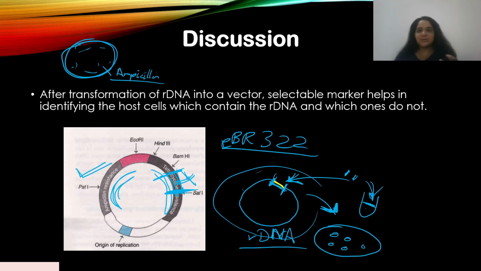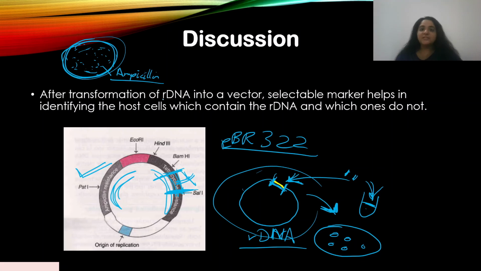You know that some of them have the rDNA, some of them don't. Practically, this is what it is. Now you should be able to select the transformed from the non-transformed cells. We know that the ampicillin resistance gene is active in transformed cells, so they will grow here. All the plasmids that contain rDNA will grow here.